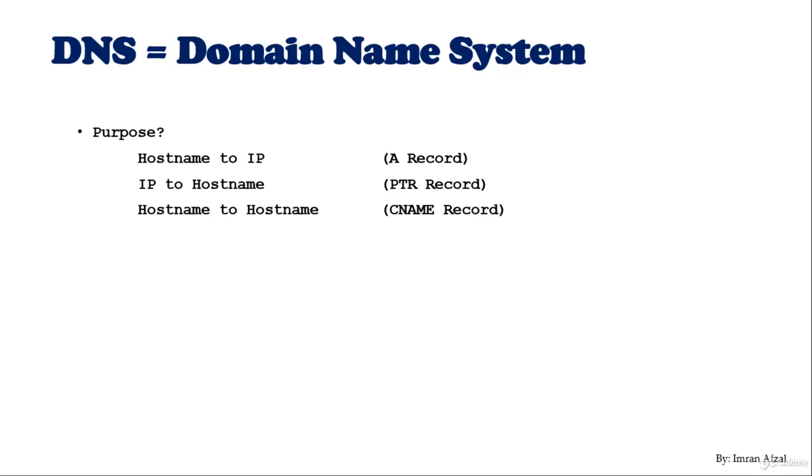No, it's not possible. They probably have different names on those 50 servers, but they do have one alias, google, which is pointing to other server host names. And when it points to other servers, that is when it's called host name to host name. And in order to create that, you need to create a record, and that record is called a CNAME record.